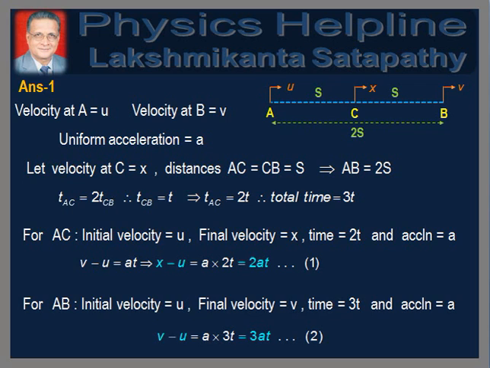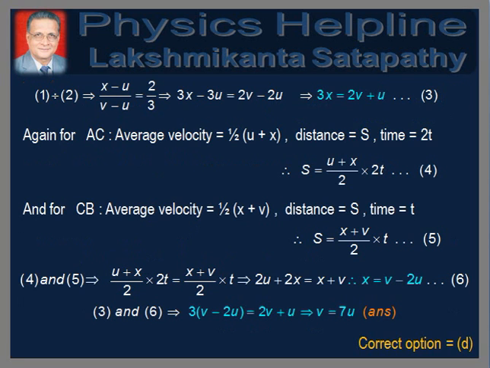Therefore, using the kinematic equation, we get v minus u is equal to 3at. From equations 1 and 2, we get (x minus u) divided by (v minus u) is equal to 2 by 3. On simplification, this gives 3x is equal to 2v plus u.